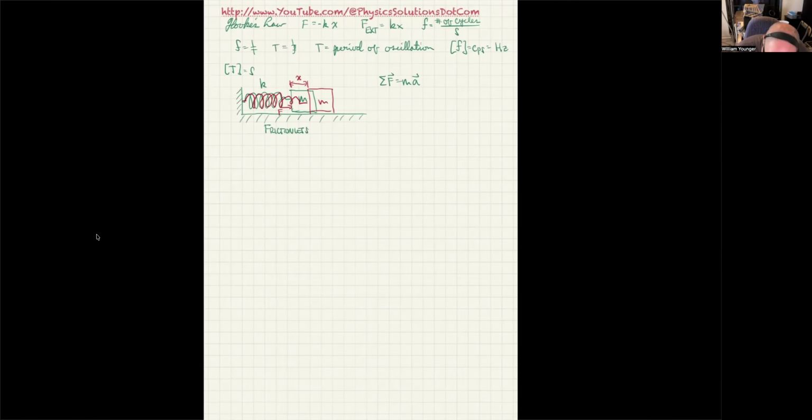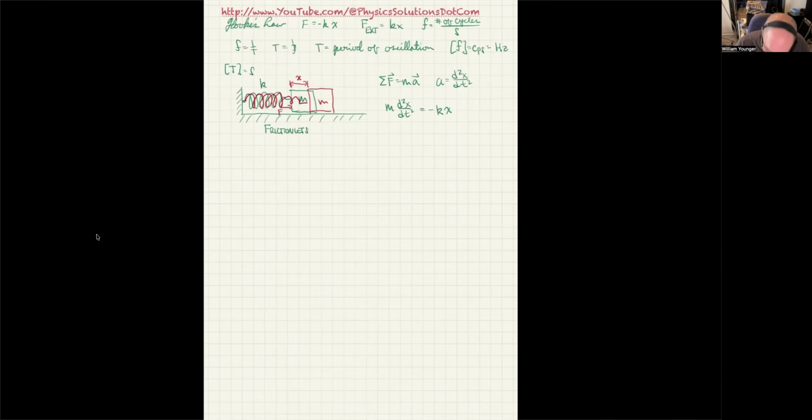Now, that tells us ma, and remember a is d2x over dt squared if we assume it's in one dimension. If it was in three dimensions, we might call that d2r over dt squared, where r is the position vector. But in this case we're just going to say d2x over dt squared. There's the ma part, and that's equal, according to Hooke's law, to negative k times x.